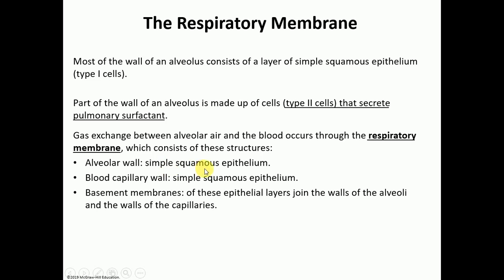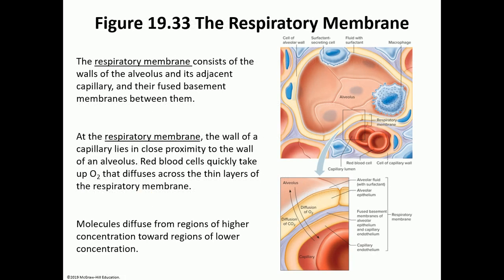So again, your alveolar wall, the simple squamous epithelium with its basement membrane, and then the blood capillary wall, made out of simple squamous as well with its basement membrane. So we already talked about the basement membrane of both. Okay. So again, the oxygen and carbon dioxide have to diffuse through all of these different layers.